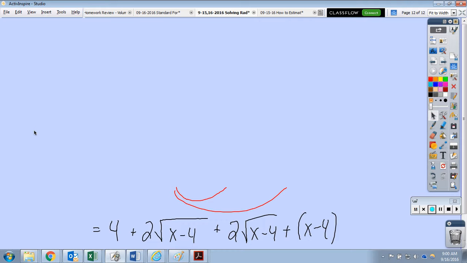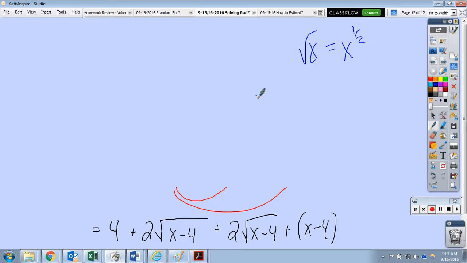Let's review that the square root of x, how can you write that in exponent form? What is the square root of x in exponent form? If I wrote x to some exponent. 1/2. Yes, thank you, 1/2.